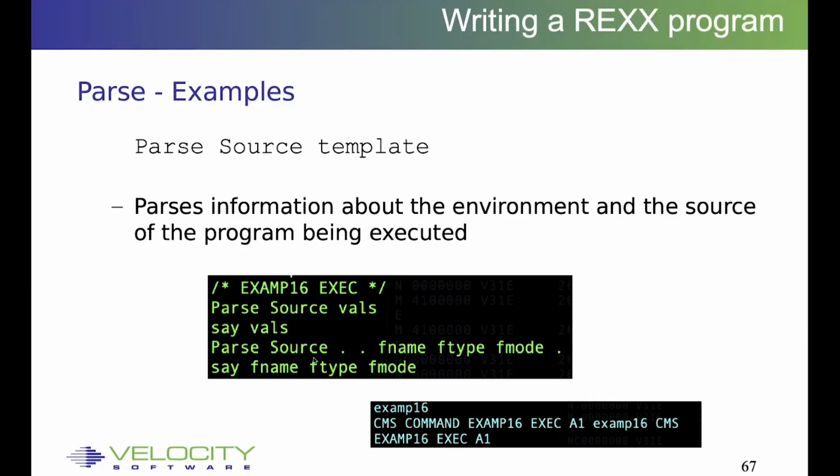I'm going to parse source again with the file name, file type, file mode, but throwing away the first two words and everything after the file mode. So I'm going to throw away CMS and command, and these three values, example 16, exec A1, will be put into these variables, and everything else is thrown away. Then I display the values, and that's what comes out as the result.